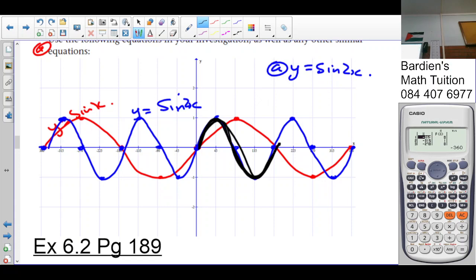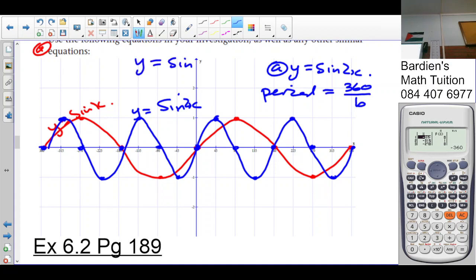Okay? So how does that affect what I'm familiar with at this point? The period of the original sine graph is 360. So the period of the sine graph would be 360 divided by the b value. Where does b come from? If it's in the form of y is equal to sine bx. If the formula is in that form, then the period of the graph for sine and cos will be 360 divided by that b value. So make a note there.